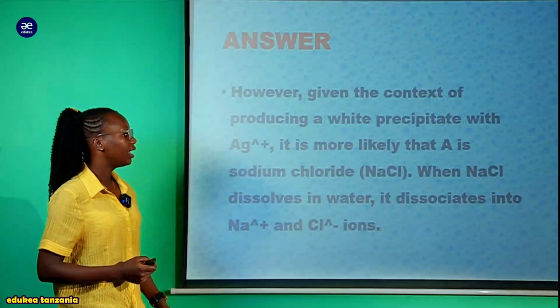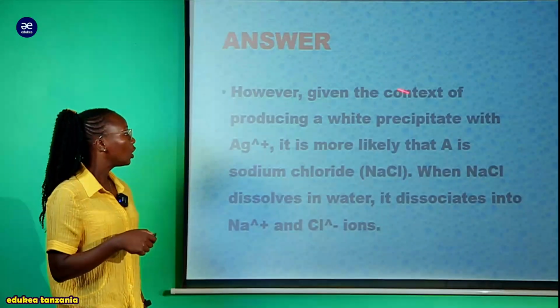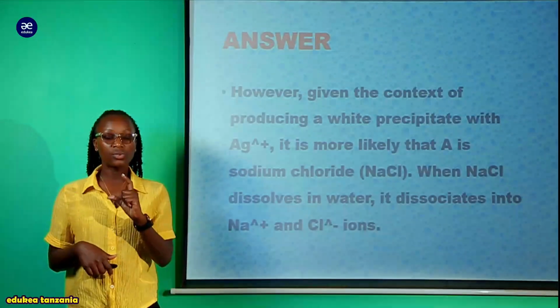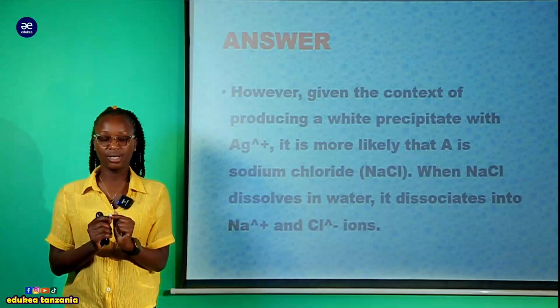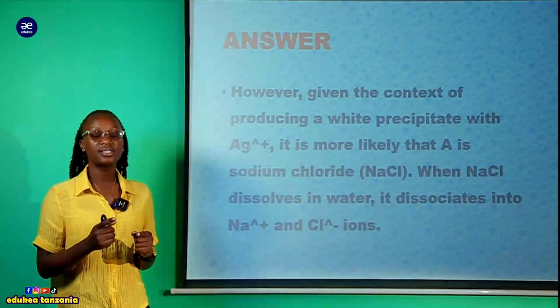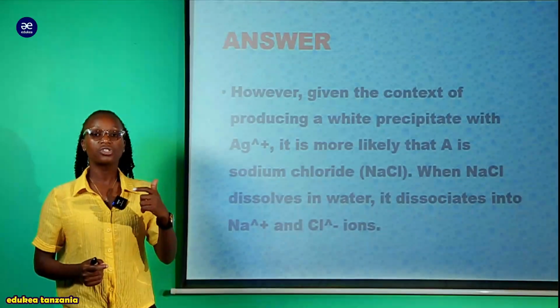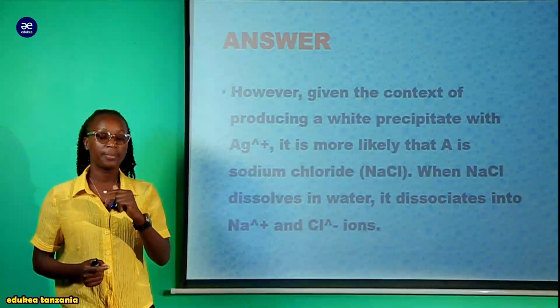But you can see that depending on the given context, kumbuka swali lako limekupa some of the features. Kumbuka tuliambiwa kwamba ile metal salt ilireact na silver ion kwenda kutengeneza precipitate. Lazima tutafute metal salt ambayo itafit ile formation of the precipitate.